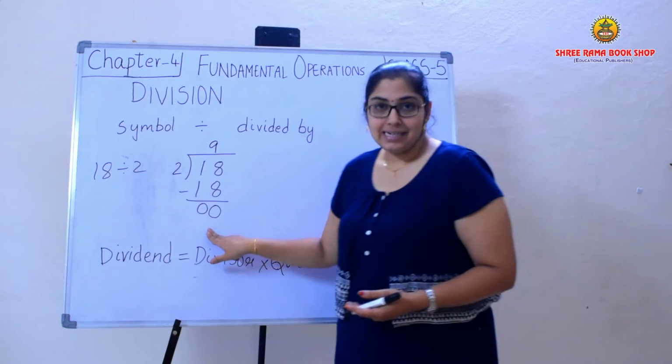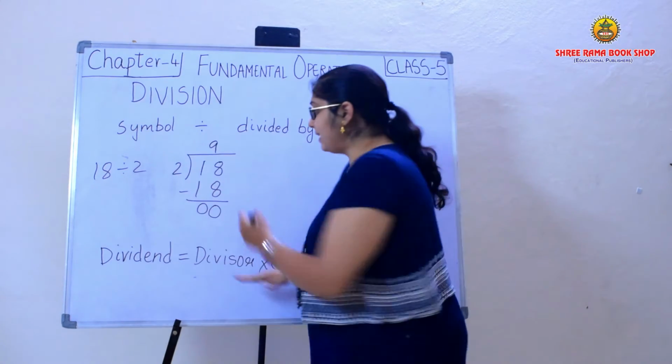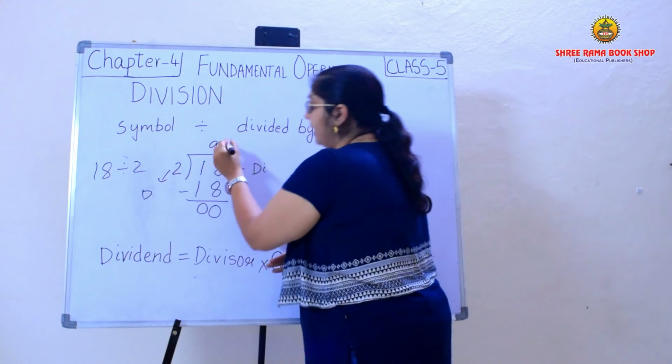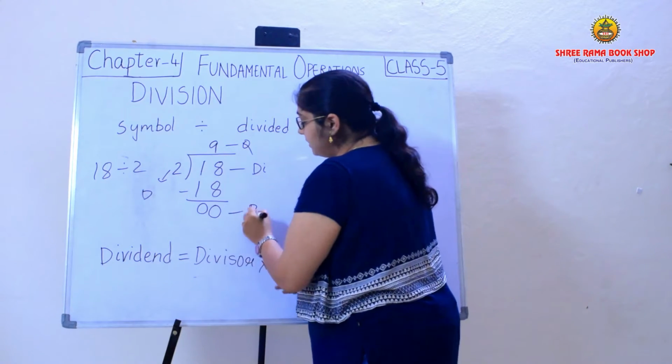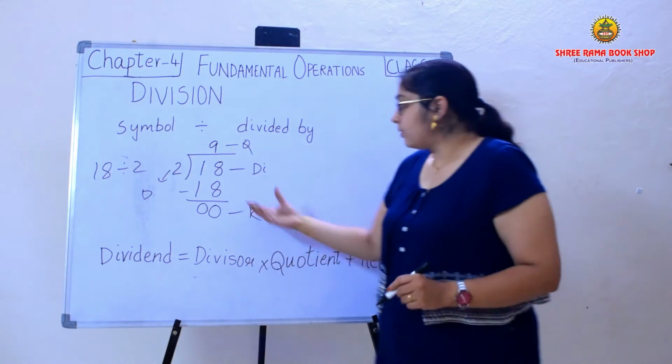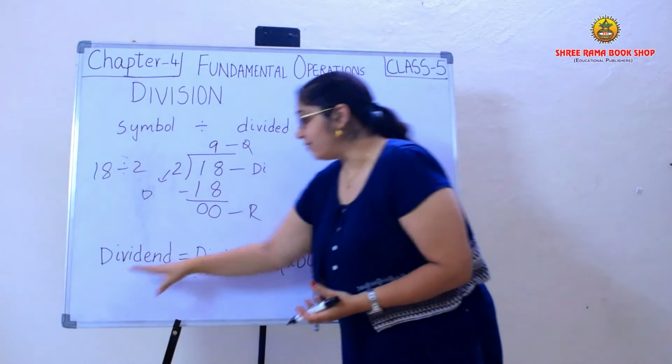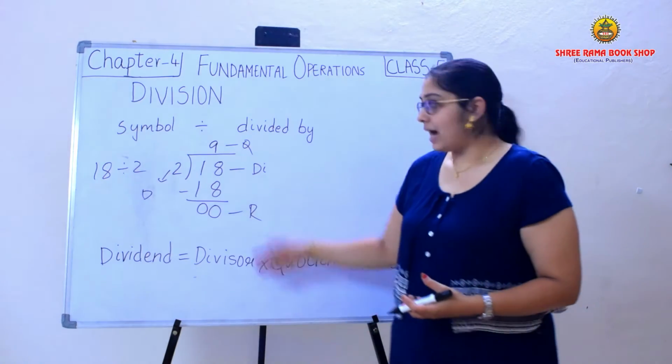Here the remainder is 0. So from all this we can say that this is dividend, this is divisor, this is quotient, and this is remainder, right?